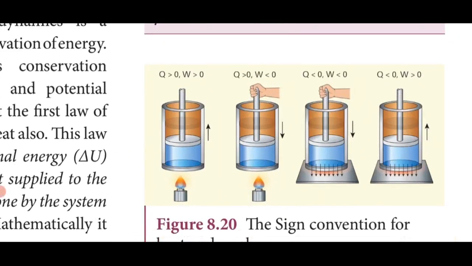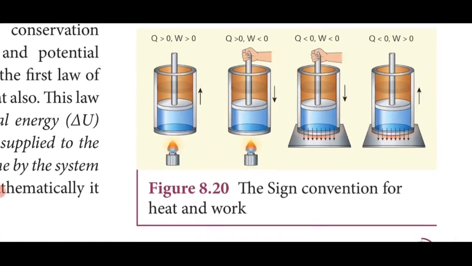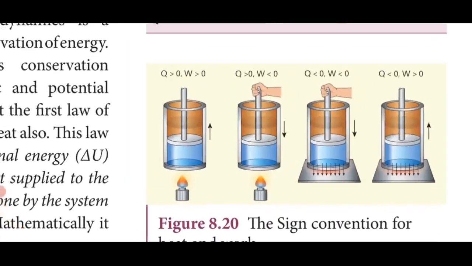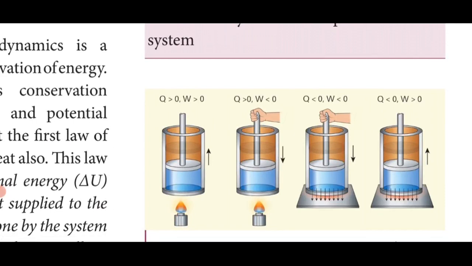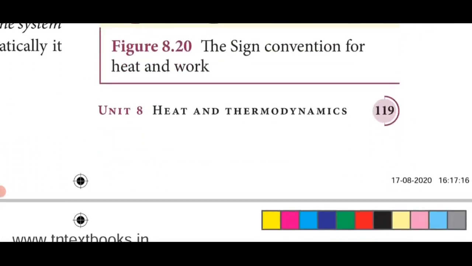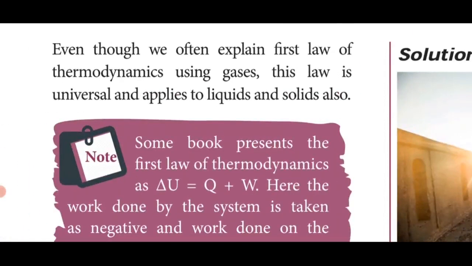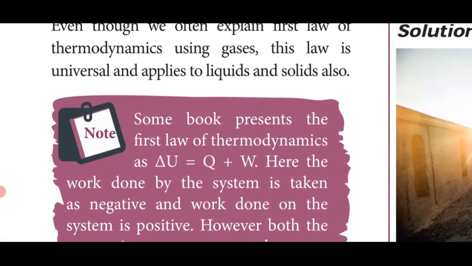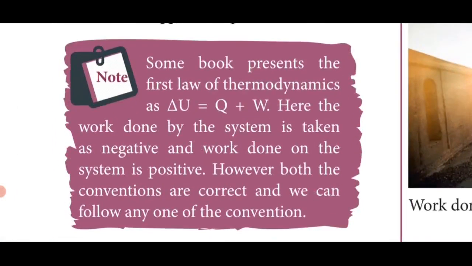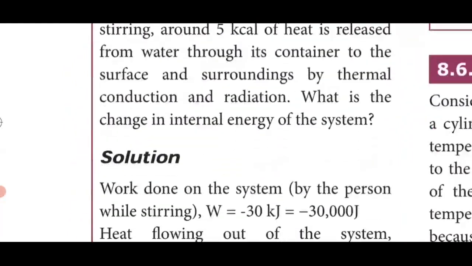They have given the diagram also as a sign convention: Q greater than 0, W greater than 0; Q greater than 0, W less than 0; Q less than 0, W less than 0; Q less than 0, W greater than 0. So these are the sign conventions. Even though we often explain the first law of thermodynamics using gases, this law is universal and applies to liquids and solids also.